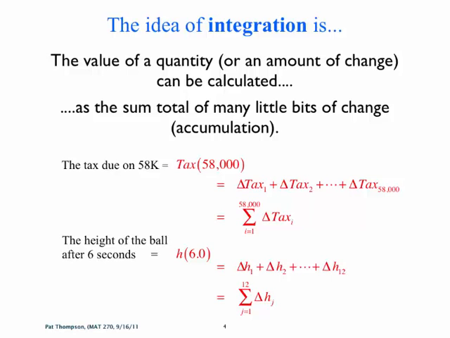Yeah? So the I or J value below the summation, when you use the height of the ball at 6 seconds, couldn't you use it on 0.5 and have 6 on top of the sigma, or is that no? This is a counter. This is not a value of time. You're thinking of the input variable, the independent variable, time.